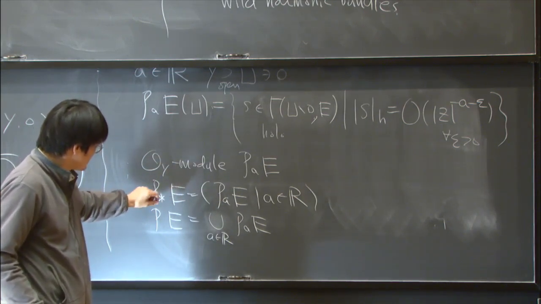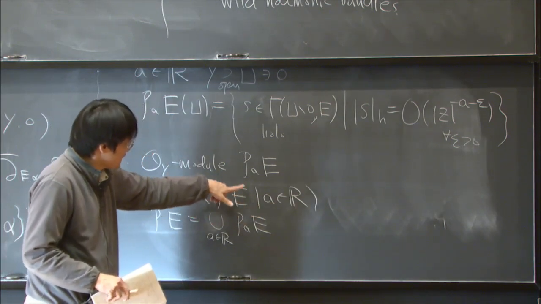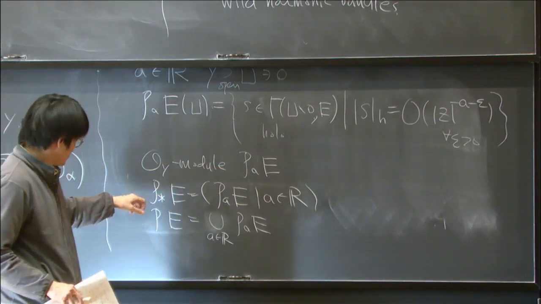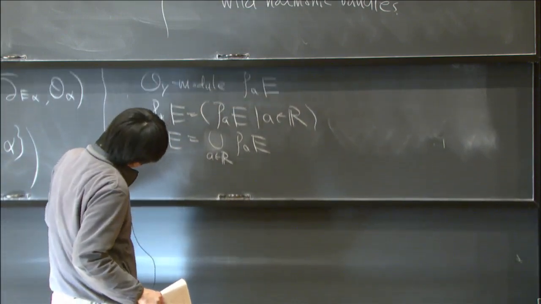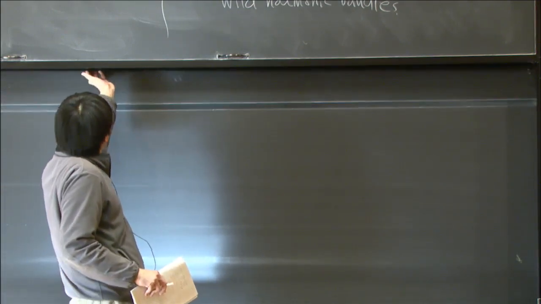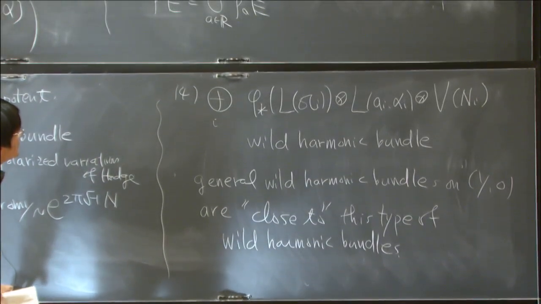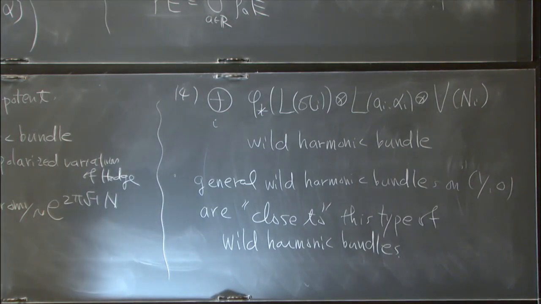So P_*E means that we would like to consider all of the P_aE, not a specific P_aE. I see. Yeah, so maybe it's not so good notation. I think people use this with the filtration of the Stokes level.